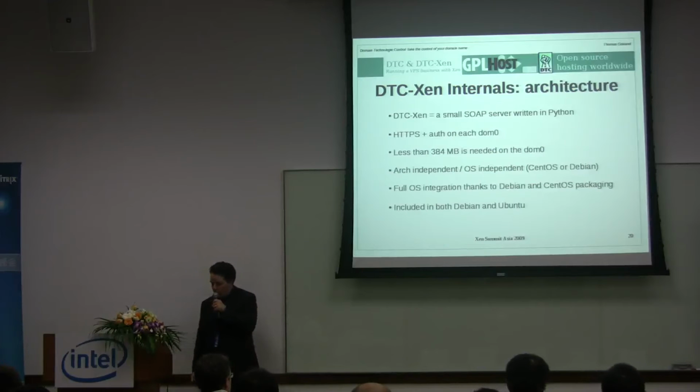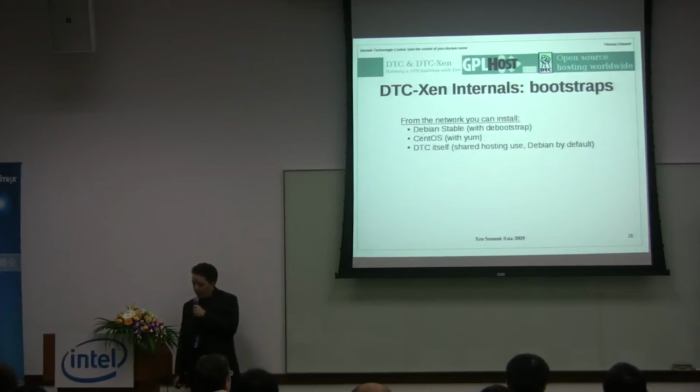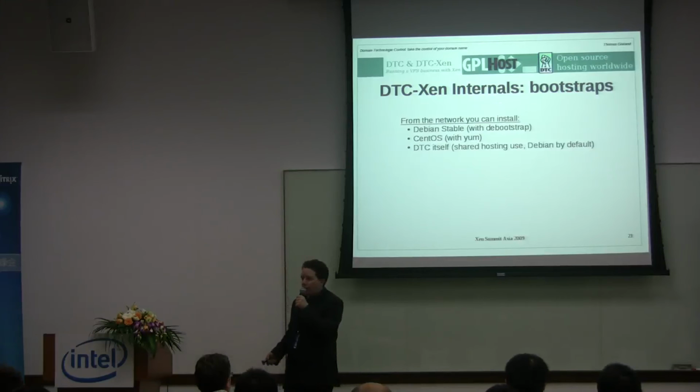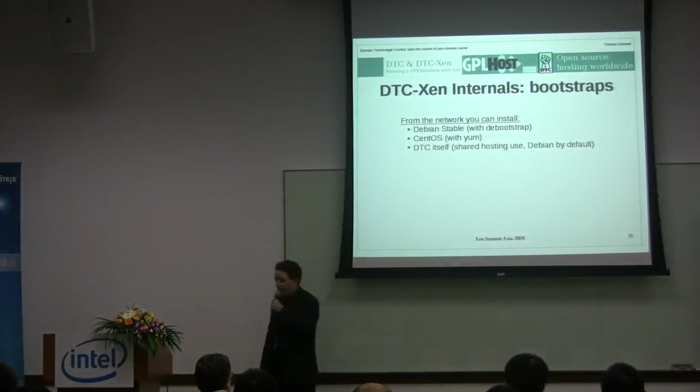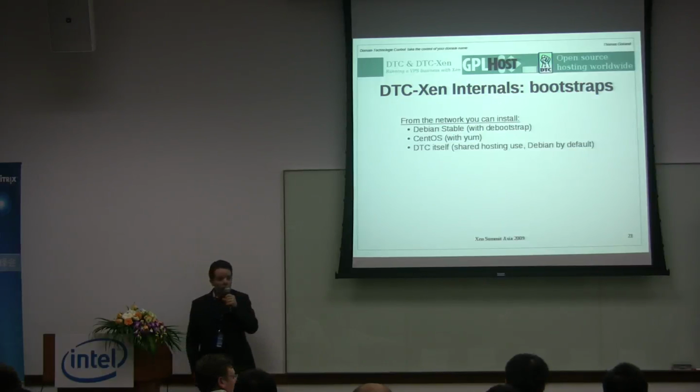It includes Debian and Ubuntu, as I said. About bootstrapping, what I call bootstrapping here, it's not just putting an OS, it's installing the VPS, just like you would do on a chroot. There's two ways to do it, either from the network or out of an image.